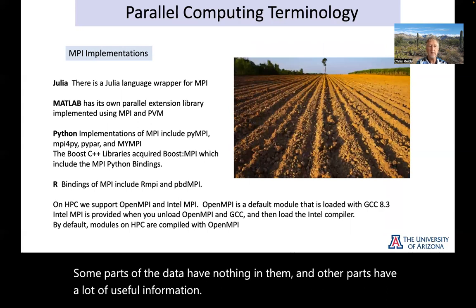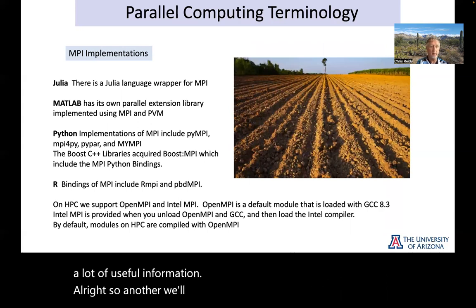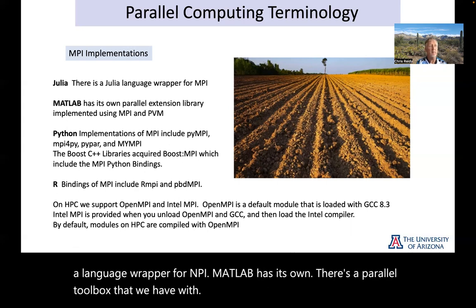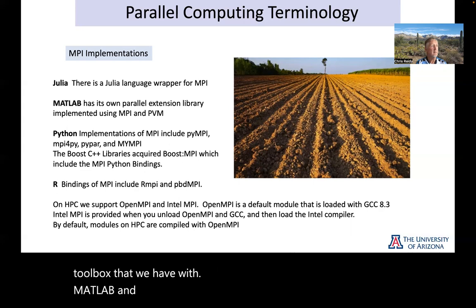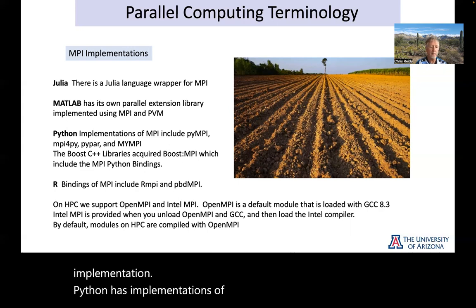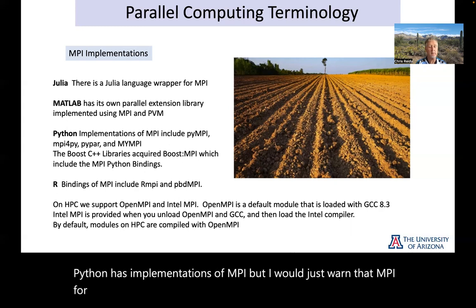All right, so we'll get a little more into MPI now. So Julia has a language wrapper for MPI. MATLAB has its own. There's a Parallel Computing Toolbox that we have with MATLAB, and then MATLAB also has a parallel pool workers, parpool implementation. Python has implementations of MPI, but I would just warn that mpi4py causes some problems.